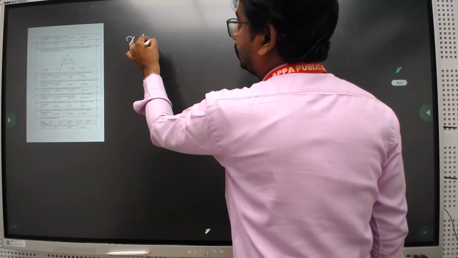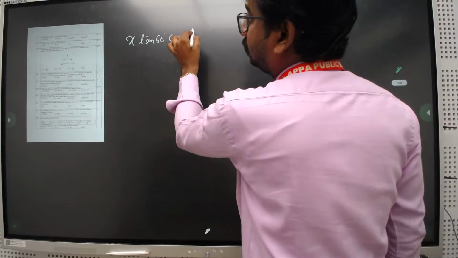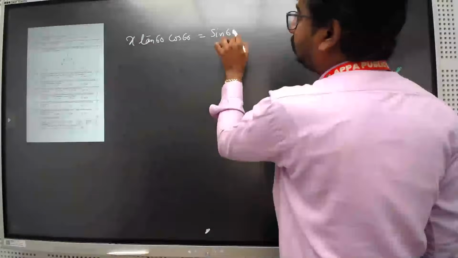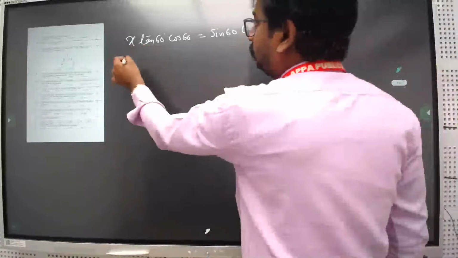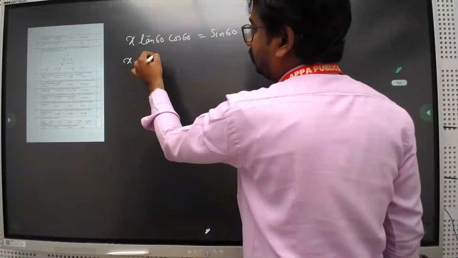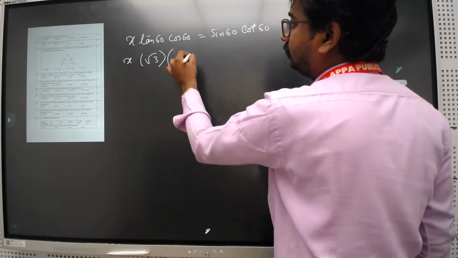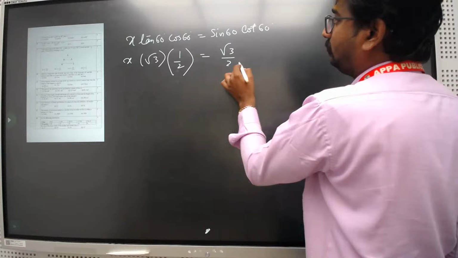x tan 60 degree cos 60 is equal to sin 60 and cot 60. You know tan 60 degree, just now I said it is root 3. And what is cos 60? Half, no, 1 by 2, is equal to sin 60, root 3 by 2.